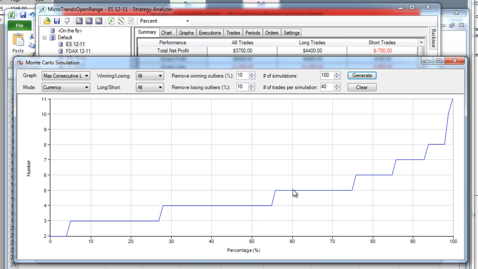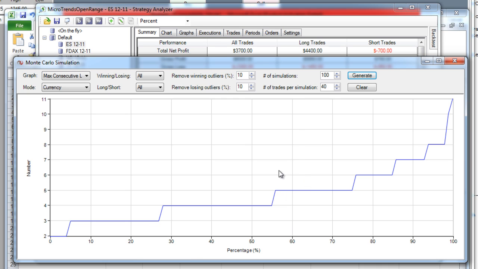And here it is generated, and I can see here at 61%, 5 consecutive losers. So what that's telling me is basically that 40% of the time that could happen. It's not that my strategy is failing, it's just on my statistical curve of the likelihood of that happening.